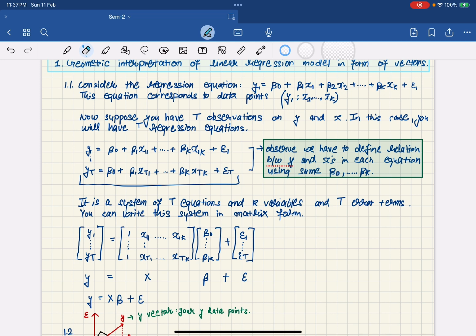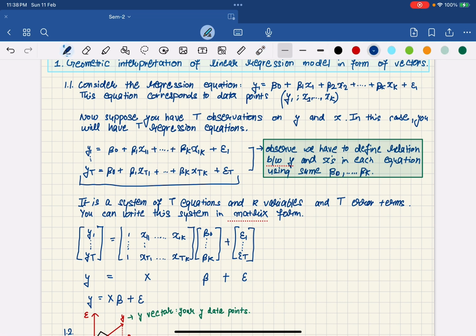On the right hand side, you have the matrix of x data points, the column vector of your parameters, and the column vector of your error term. If you write this in matrix form, you will write y equals x times b plus epsilon.